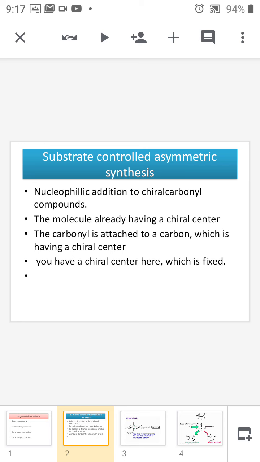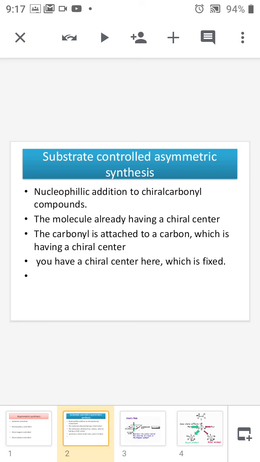So already that molecule has a configuration, the molecule is optically active, that means it has a configuration R or S. Suppose the configuration of the starting material is S. After the nucleophilic addition, a new chiral center is generated.